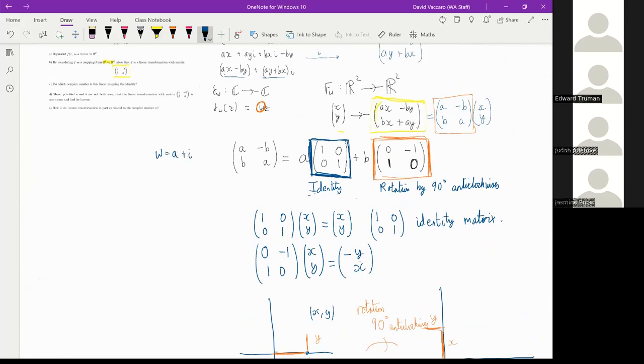Now, has the scales fallen from people's eyes in any way? What I mean by that is, can anyone explain the relationship between this complex number a plus ib and this matrix in light of this decomposition?